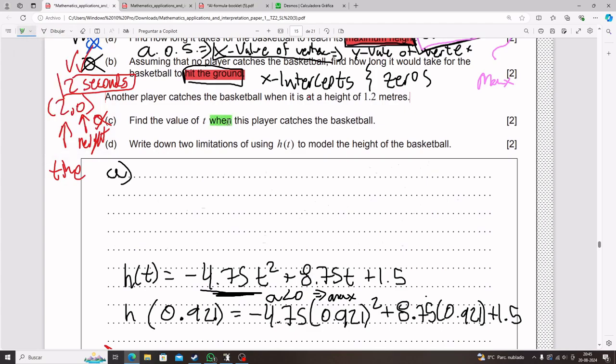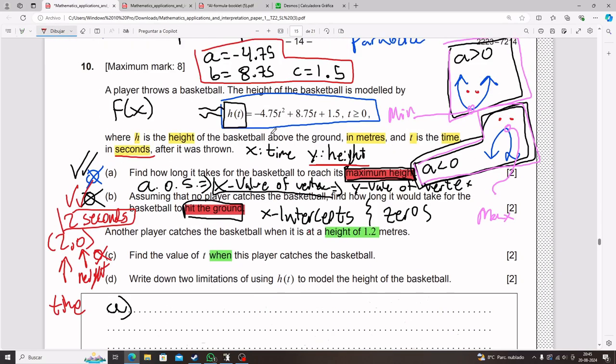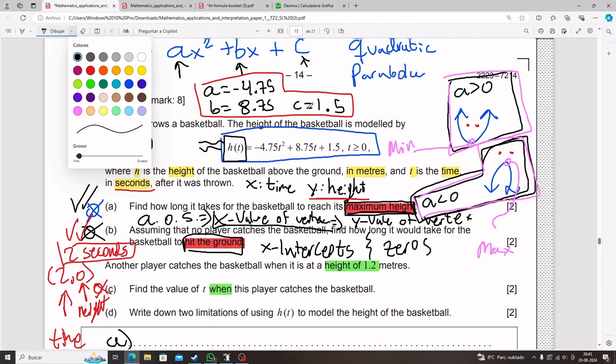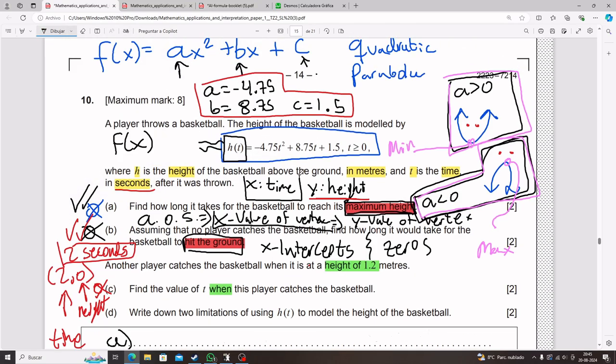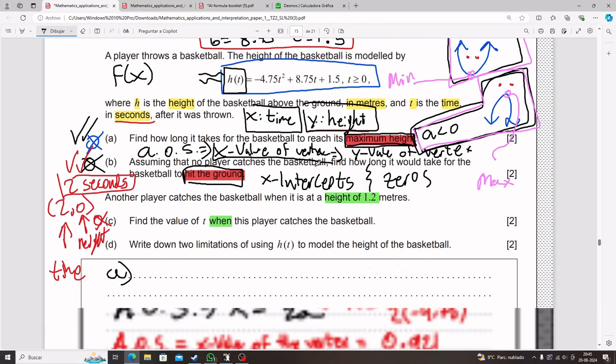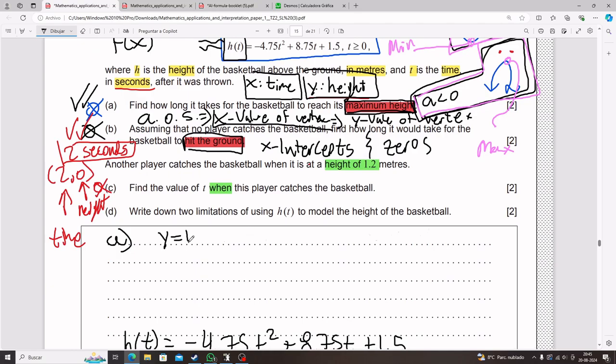They're asking when they catch the ball, and they're telling me that we have a height of 1.2. As I just mentioned a second ago, x is time, y is height. So basically, they're giving me a y of 1.2, and they're asking what is my x when y is 1.2. So when y equals 1.2, what is x? That's all they're asking for.